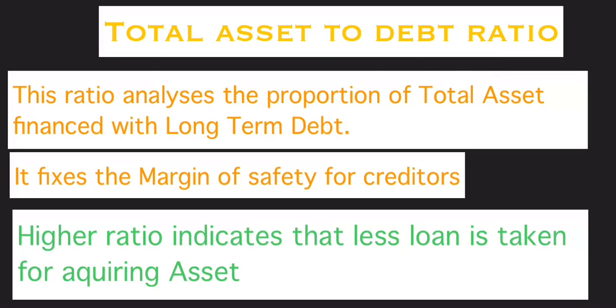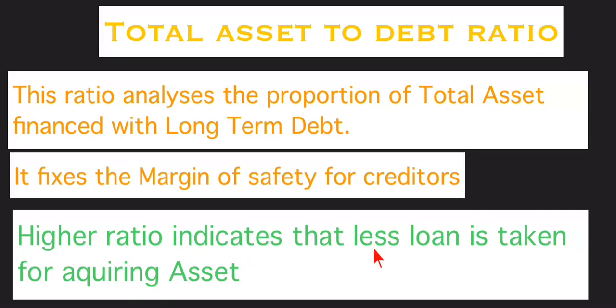We are analyzing how much of the total assets is financed with long term debt. So it fixes the margin of safety for creditors. How safe the creditors' amount is with the company is checked with the total assets to debt ratio.